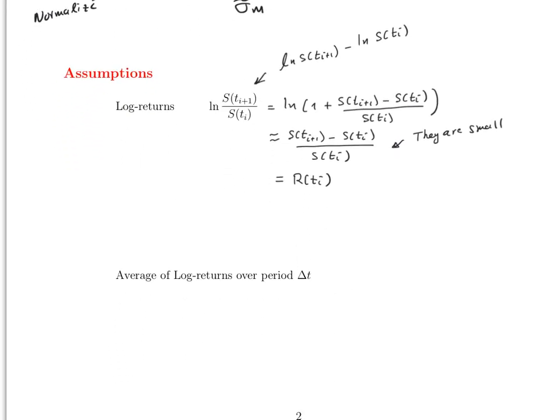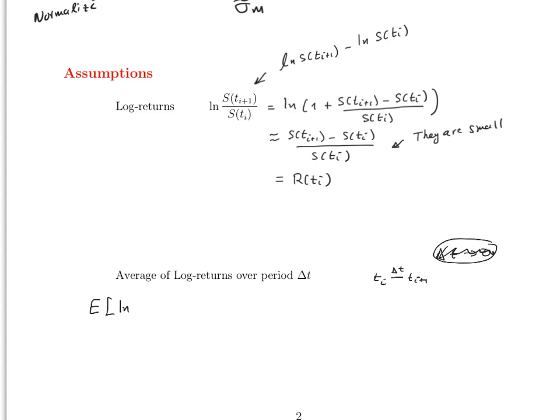The next assumption is about the average of the log returns over the period delta t. So the goal is eventually to let delta t go to 0, and then we will have a continuous case. Okay. All right, so the assumption is the expected value of the log returns over a specific time period delta t. Remember, if you start at t and you move to the next step, let's say from ti to ti plus 1, this distance will be delta t.